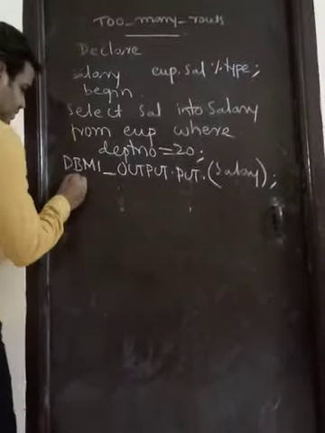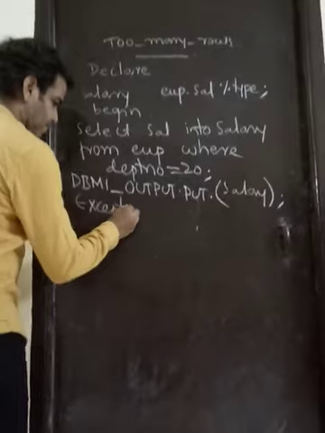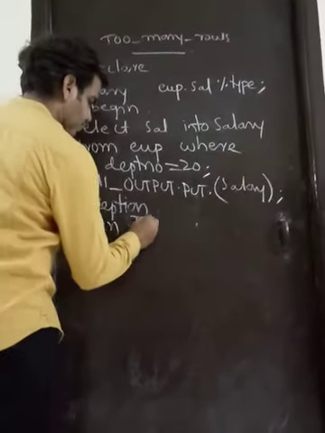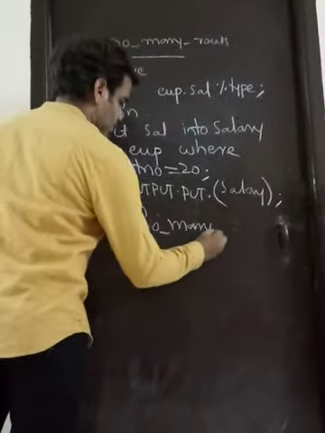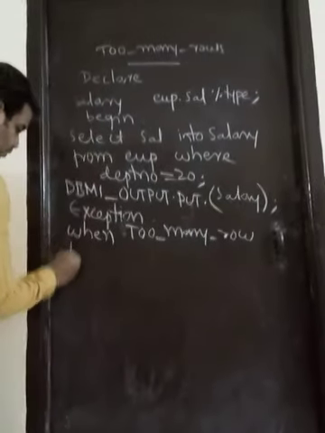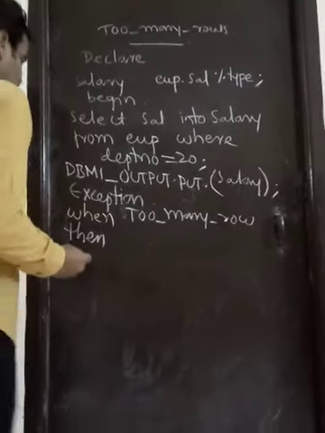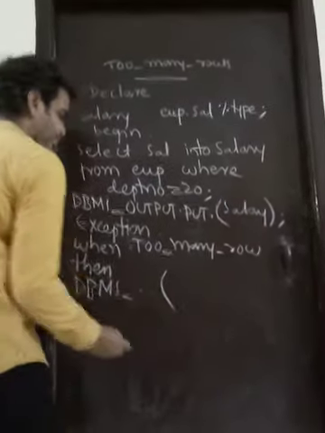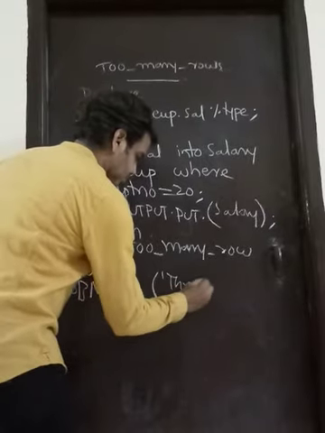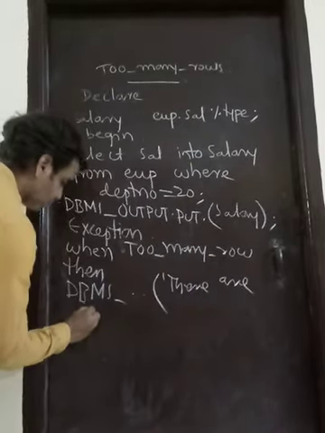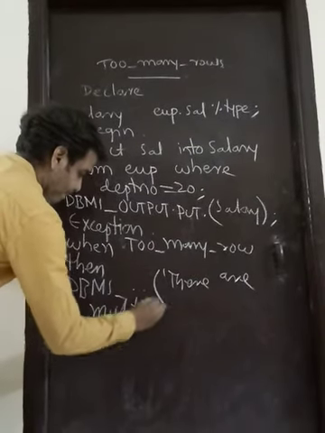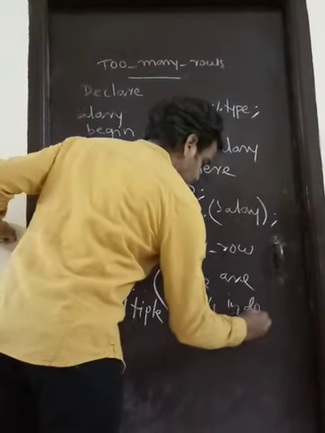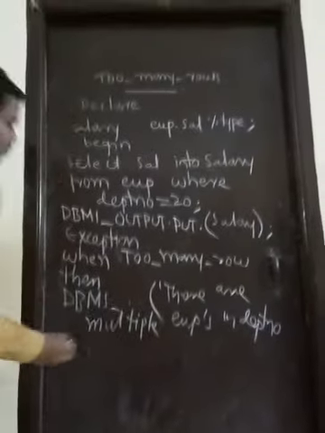Now we should write the exception section. When TOO_MANY_ROWS, then DBMS_OUTPUT.PUT_LINE, and here we write: there are multiple employees in department number 20.